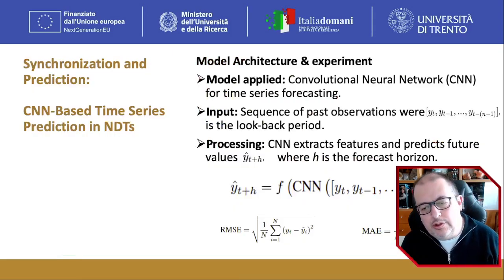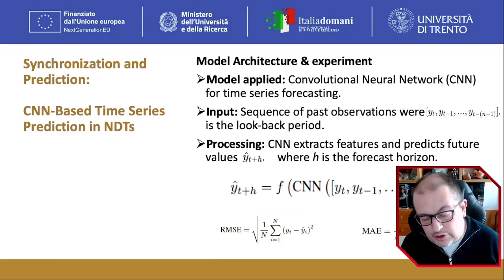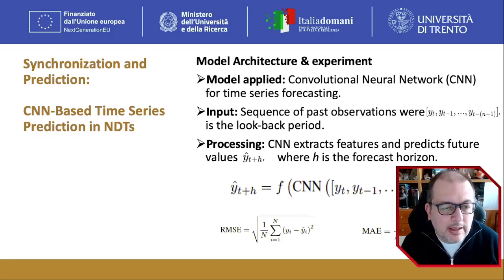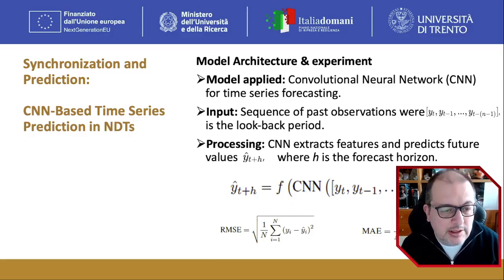So then we need a channel to interconnect the network digital twin with the physical twin. And in order to study this problem, we started implementing some approaches to collect data from the physical network and to perform predictions within the digital twin.